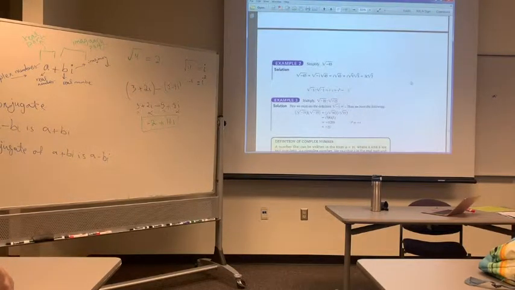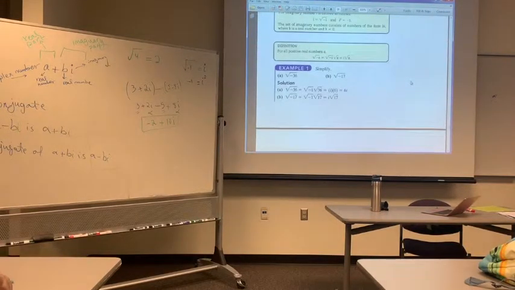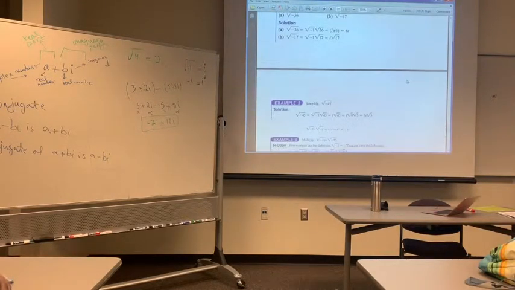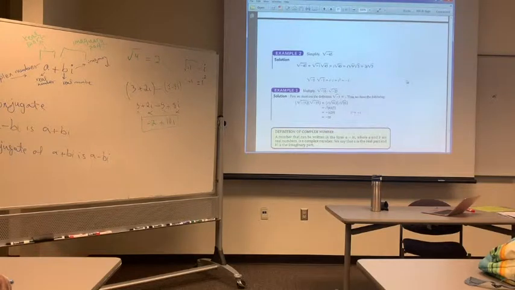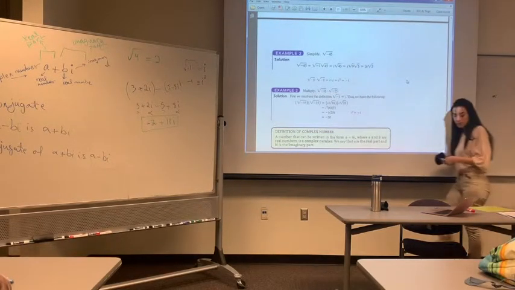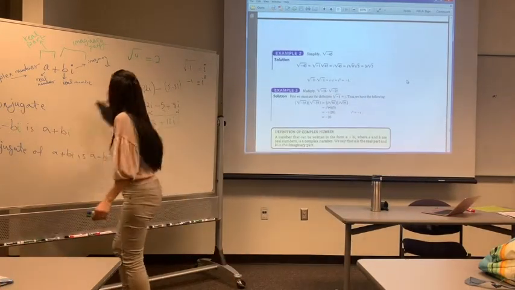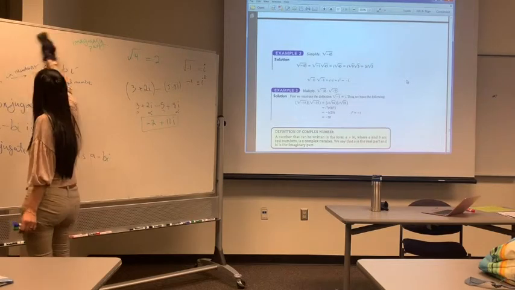So this is the way we add or subtract them. Imaginary terms are the like terms, and real terms are the like terms. Okay, so now let's solve more radicals using imaginary numbers. Let's say we have radical negative 45.